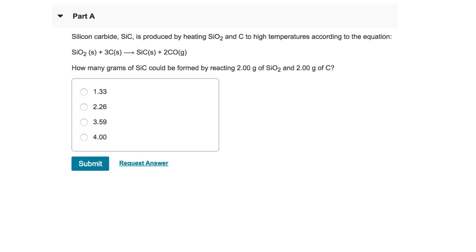Silicon carbide is produced by heating SiO2 and carbon to high temperatures. How many grams of silicon carbide, one of the products here, can be produced by reacting 2 grams of SiO2 and 2 grams of carbon? The way I would go about solving this problem is to work out the grams of product I can make from either one of the reactants fully reacting.